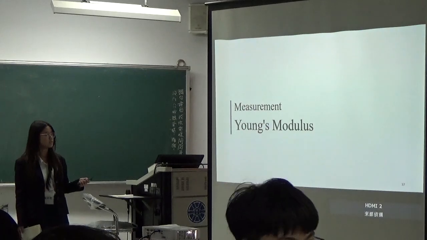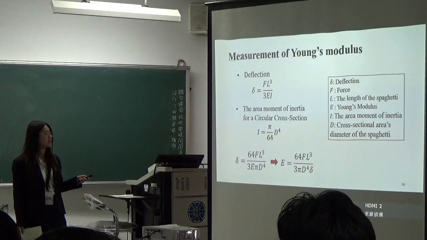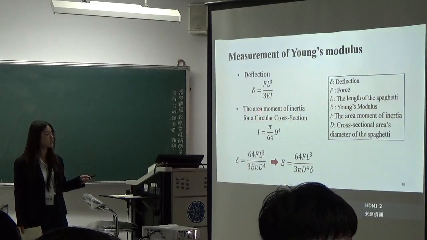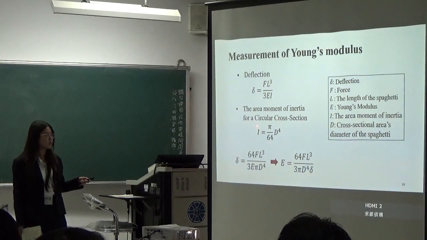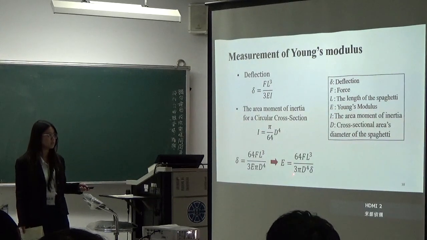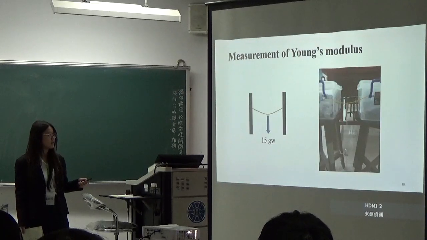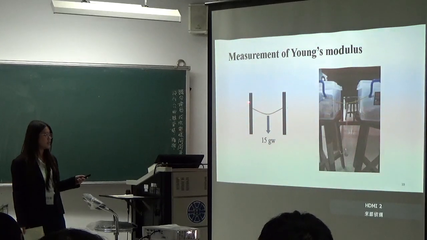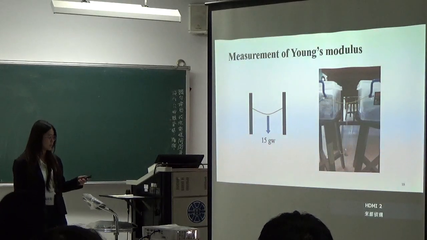Measurement: Young's modulus. This one means the deflection, and this one means the moment of inertia of the circular cross section. We plug into that, and the result is this. This one means both sides are fixed, and we hang a 15 gram weight over there, and it will cause a deflection.